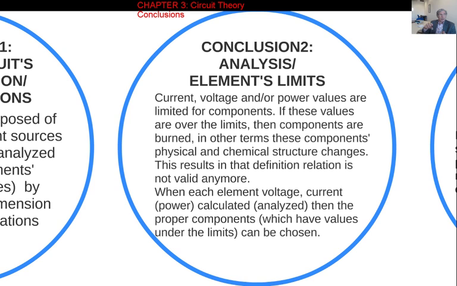You've got to keep your element limits, you've got an element limit value less than this. That means you're going to choose the right element limit available in the market.